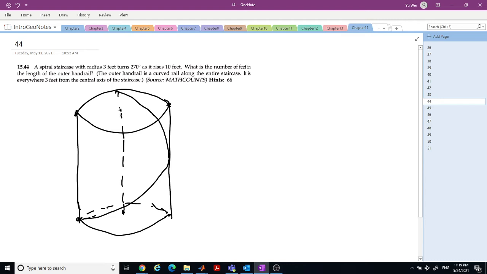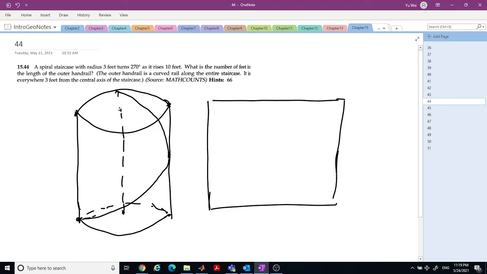So that means when we expand its surface, it's like a rectangle, and if we set this point as A, then this point is B. So the A will be here, and the B will be here.